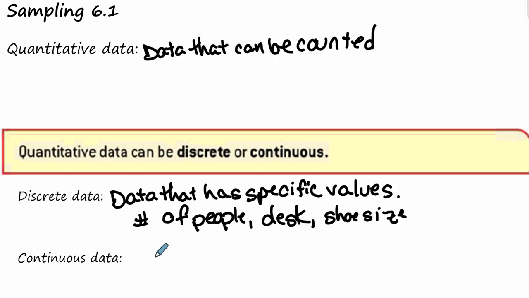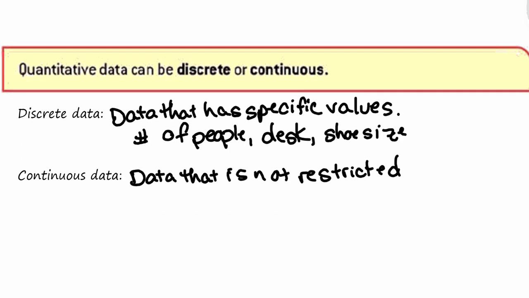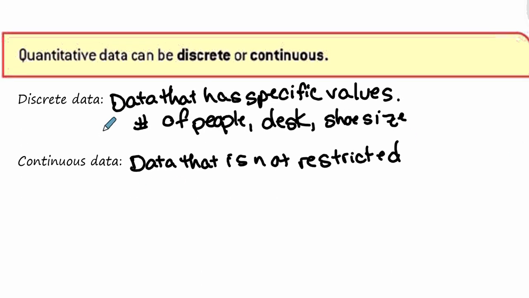But then there's continuous data, or data that is not restricted, such as the temperature. We might say it's 65 degrees outside.